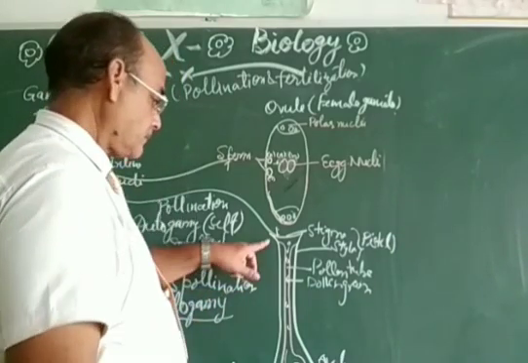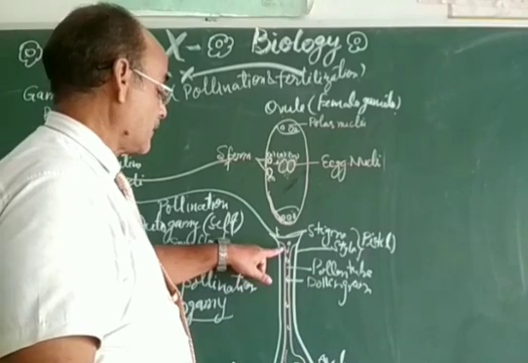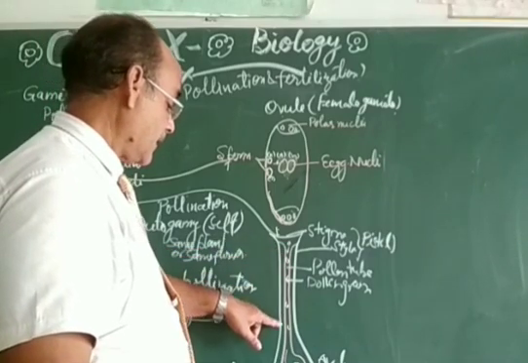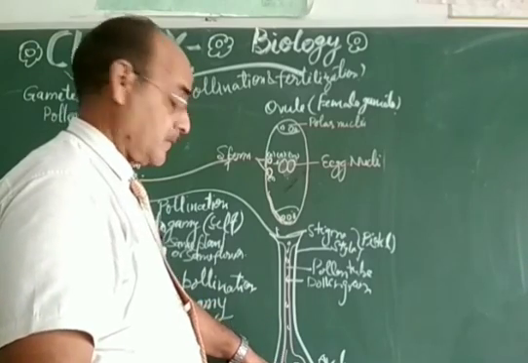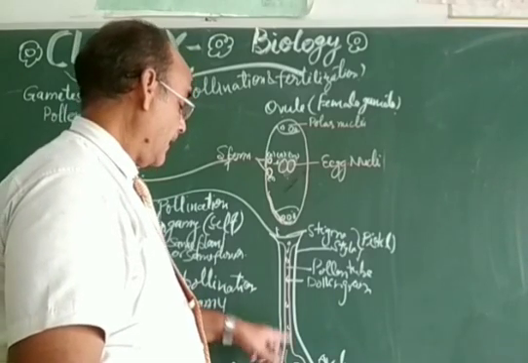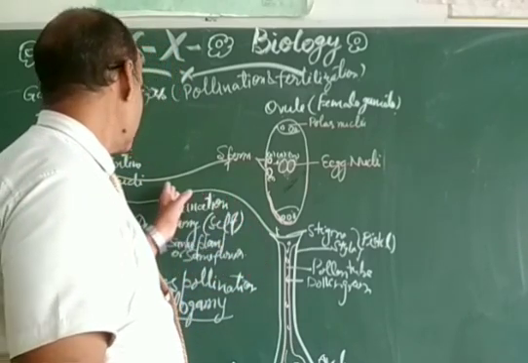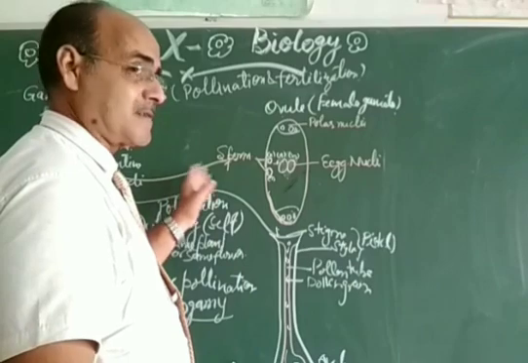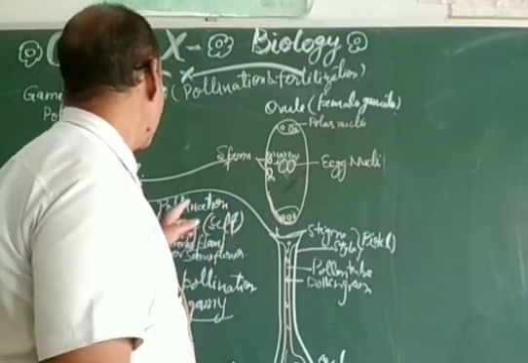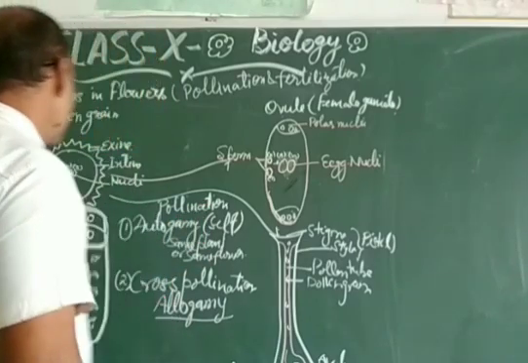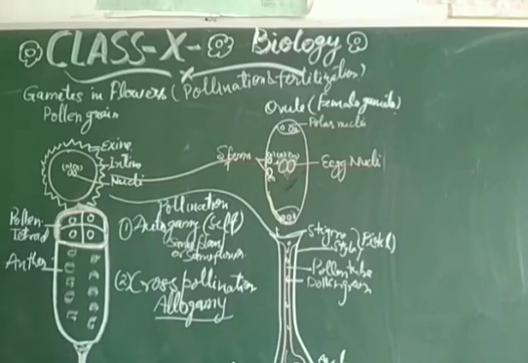So this pollen tube provides the passage for transferring the pollen grain to the ovule. And this is the process by which the transfer takes place. That process is called pollination. So you are looking here at both male and female gametes.